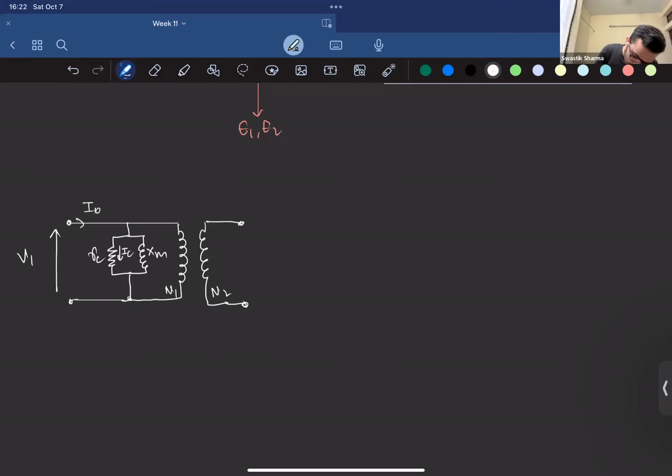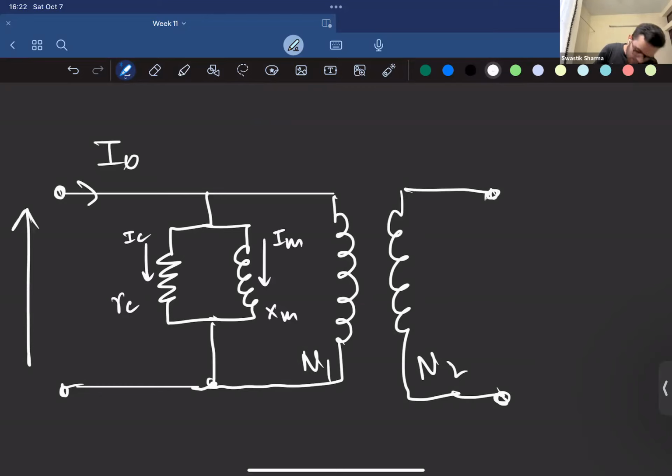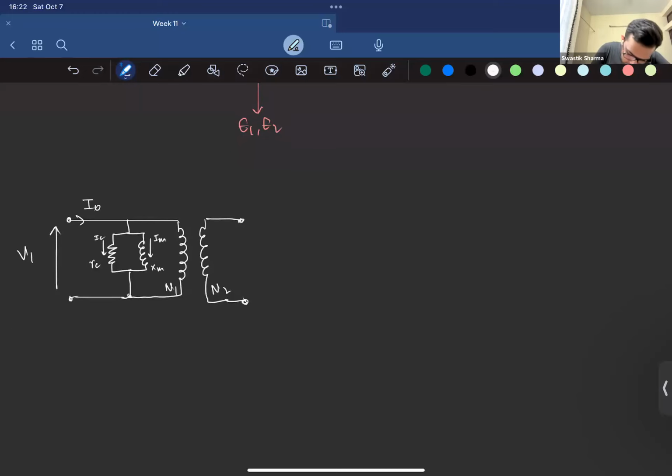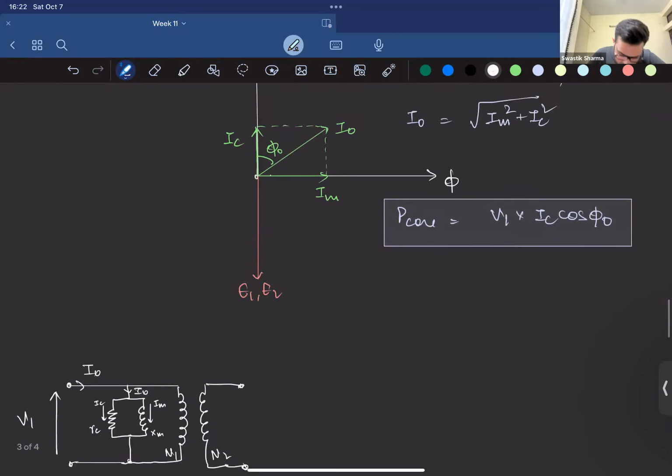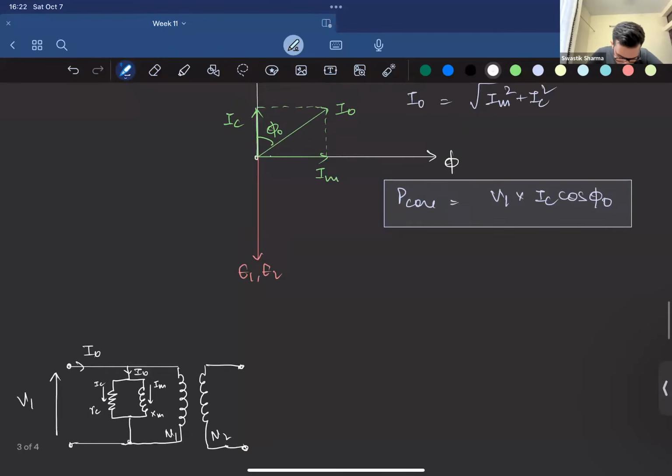The current through RC is called IC, and through XM is IM, right? And the current here is also I naught. So the whole current is being used to set up this flux in the magnetic core, and core losses as well.